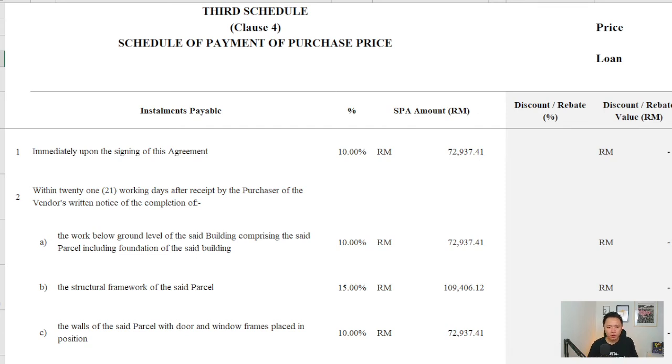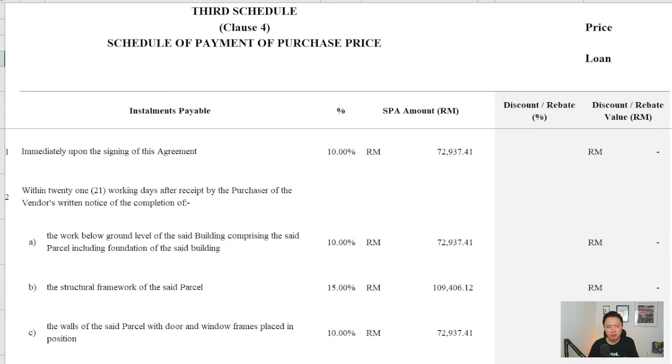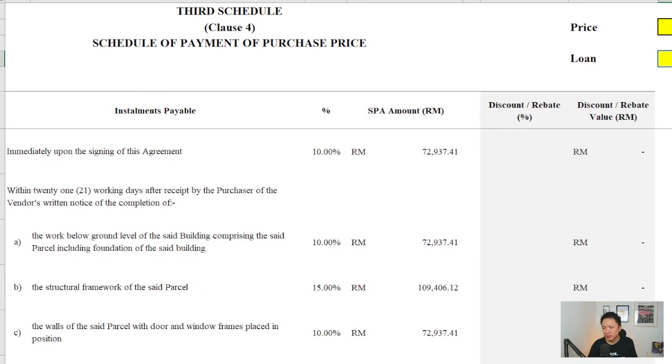Usually what is going to happen is that some developers will give you certain rebates and discounts. For example, let me put it into an example. If the discount is like 7%, and they also give you a 5% rebate, this is the one that you will see.